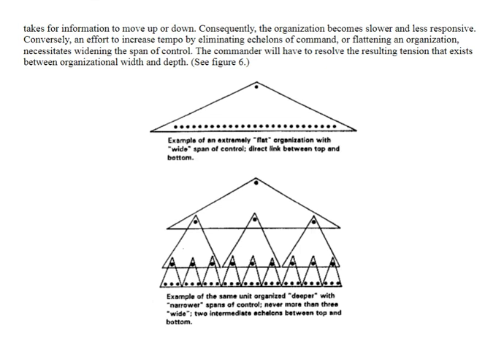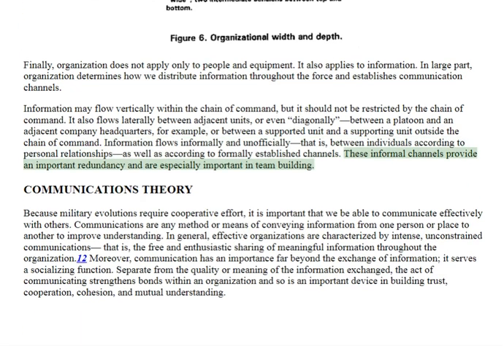Information flows informally and unofficially, that is, between individuals according to personal relationships as well as according to formally established channels. These informal channels provide an important redundancy and are especially important in team building.